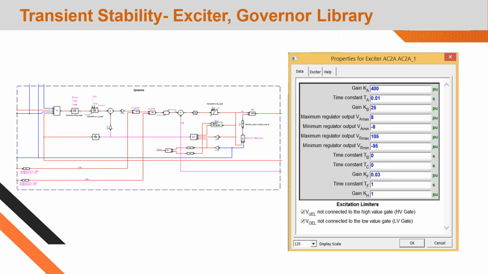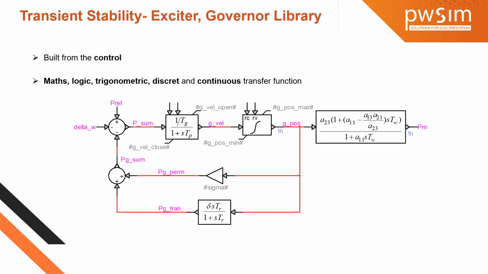And for exciters and governors, we can directly see the subcircuit created in the exciter and governors library, and we can create it as masked parameters. If you want to see the subcircuit and remodel it, you can modify the subcircuit and add your parameters directly. That means you can do customizable models.